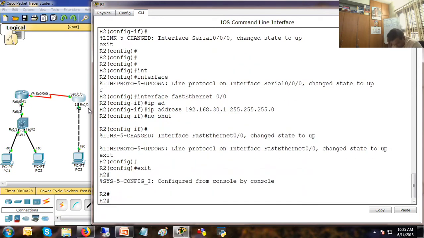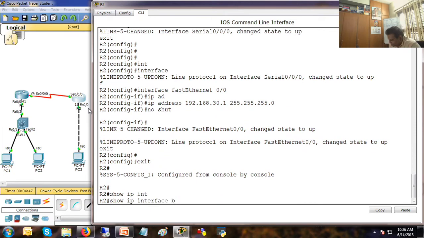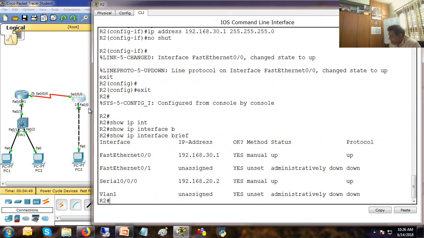Done? Now how do you verify the links are up and running? What is the command? Show IP interface brief. Both are up and running.